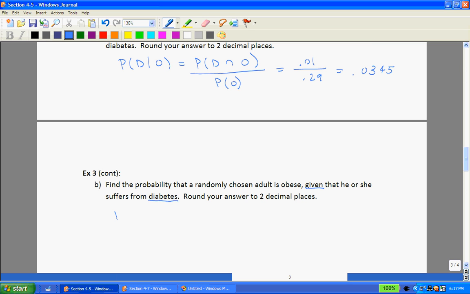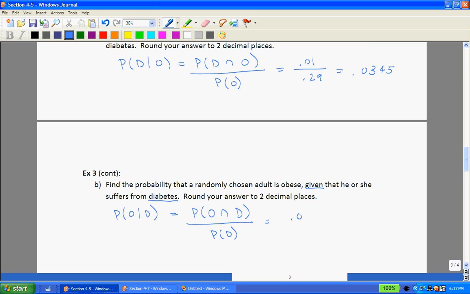This time it's going to be the probability that they're obese given that I know they have diabetes. So when I set up using my conditional probability formula, that's the probability of obese intersect with diabetes divided by which one? Whatever came second. So this time I'm going to divide by the probability of having diabetes.